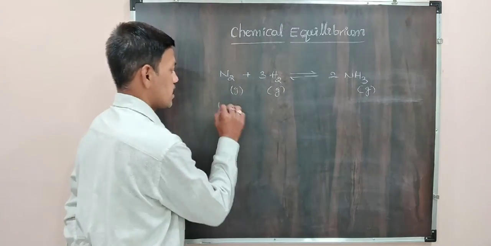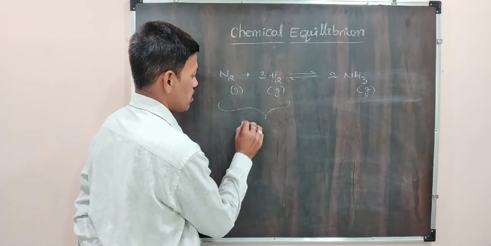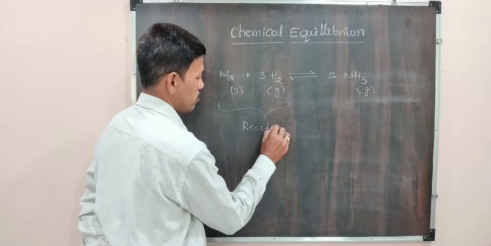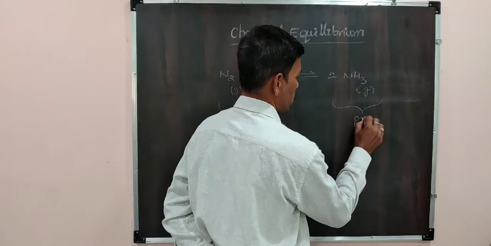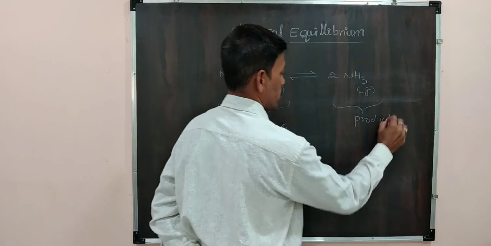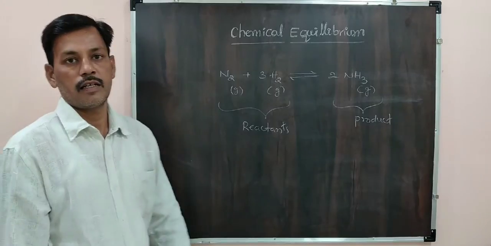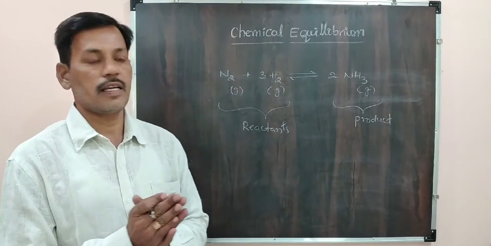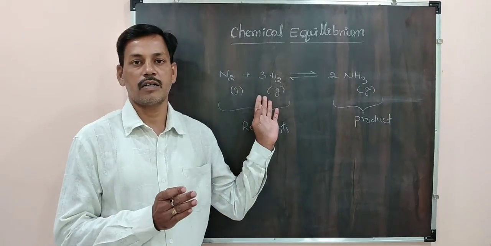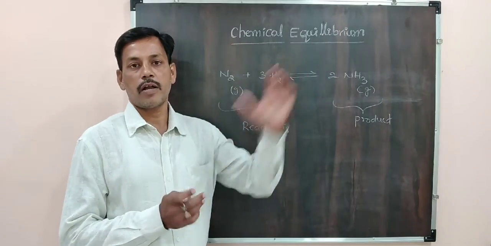So these are the reactants. Nitrogen and hydrogen are the reactants, right? And ammonia is a product. Clear? So here in reactions, generally some reactions are double arrow reactions.